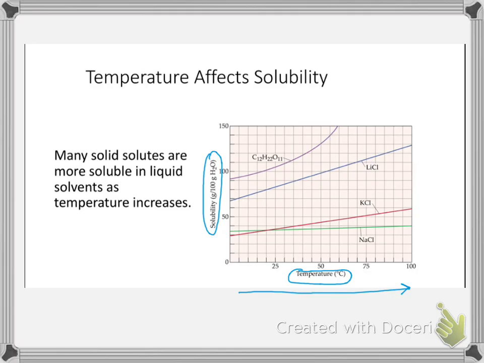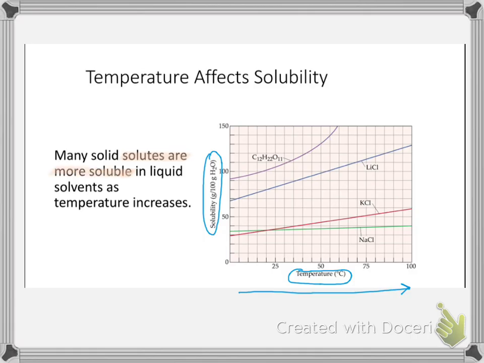Now, notice it's not all equal. They don't all have the same values, but in general, they have a directly proportional relationship, meaning that as you increase the temperature, the solubility increases. And you see it here. The solutes are more soluble.